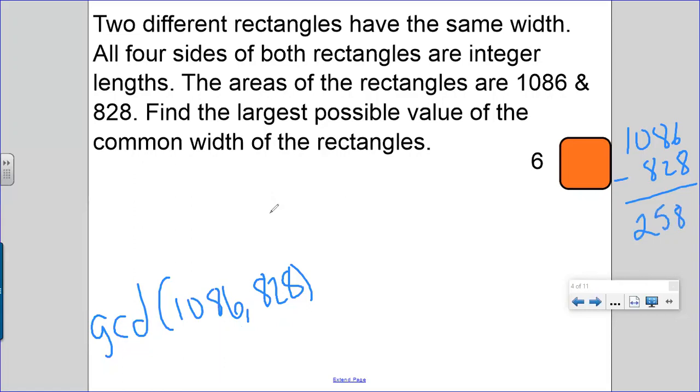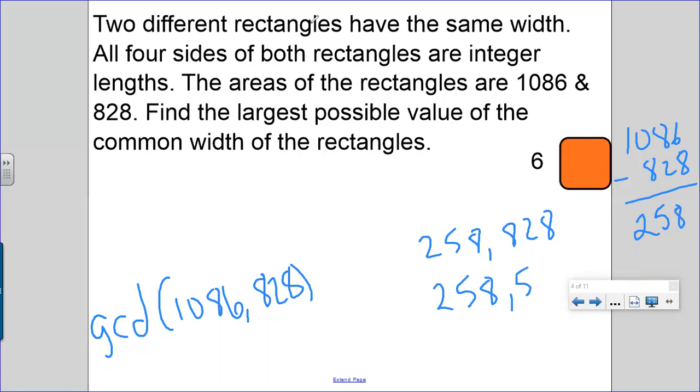258, is that right? We got 258? Yeah? No? What do you think, gang? Can we subtract? Okay, we can subtract. So then you get 258 and 828, and you subtract and get 258 and what?